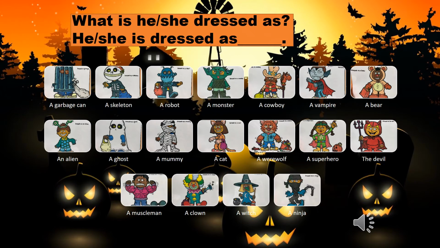What is he dressed as? I'm looking at the garbage can. It's a he. So he is dressed as a garbage can. Okay, a garbage can is gomibako. Next, what is he dressed as? It's a he. He is dressed as a skeleton.